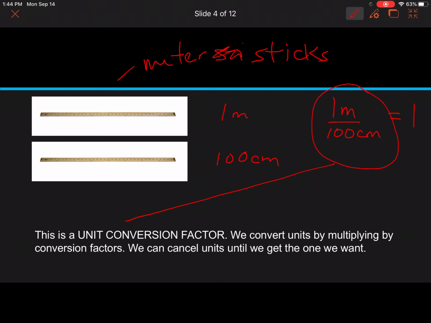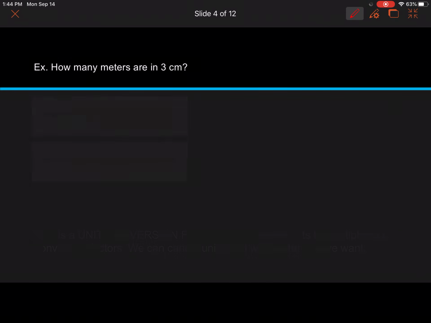When you have two different units that are equal to each other, and we present them as a quotient, a division, that is equal to the number 1. That means I can use this to convert from unit to unit. We convert units by multiplying by these conversion factors, and we cancel units until we get to the one we want. We're going to work through examples for this.